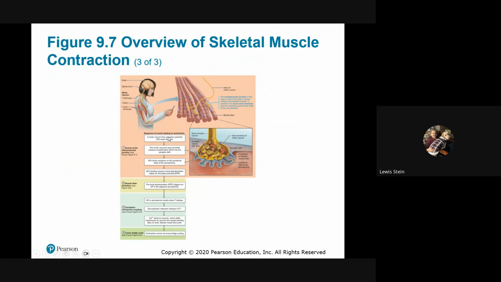Here comes the action potential down the nerve. That action potential causes, as you're going to see in the animation, those voltage gated gates for calcium to open. It leads to the release of the acetylcholine at the cleft.